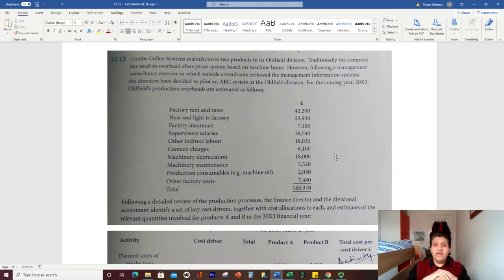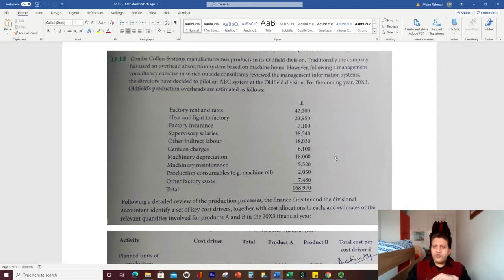The other one is direct labor hours. However, following a management consultancy exercise in which outside consultants reviewed the management information system, the directors have decided to pilot an ABC system, which is activity-based costing, at the Oldfield division.